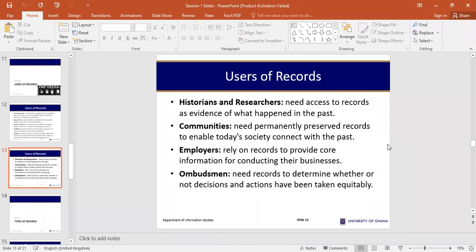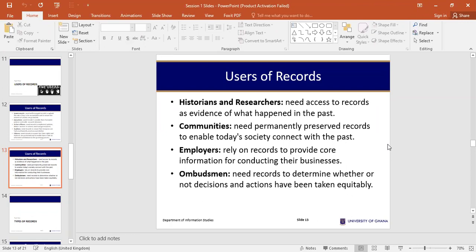Ombudsmen need records to determine whether or not decisions and actions have been taken equitably. An institution in Ghana that you can equate to an ombudsman is CHRAJ, the Commission for Human Rights and Administrative Justice. CHRAJ can be seen to be an ombudsman, more like an independent body that looks at certain issues.